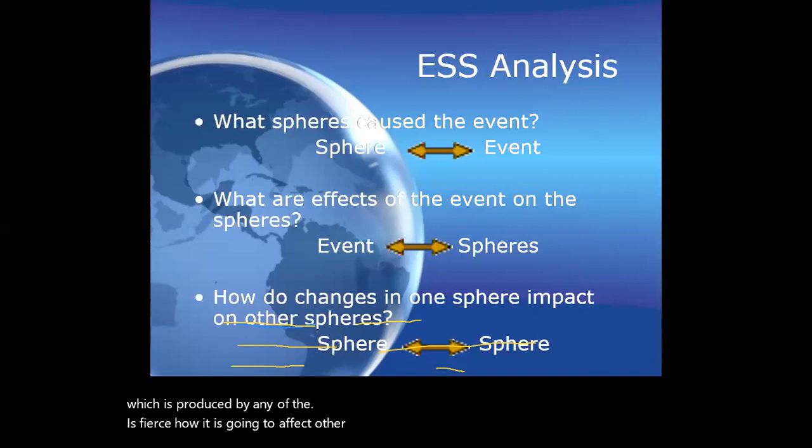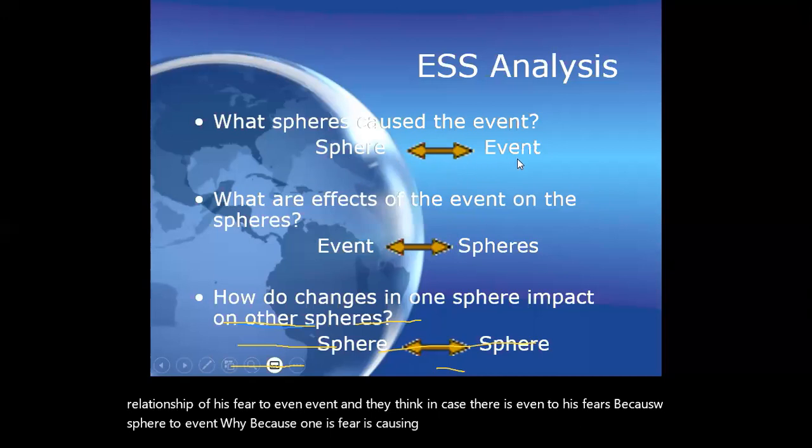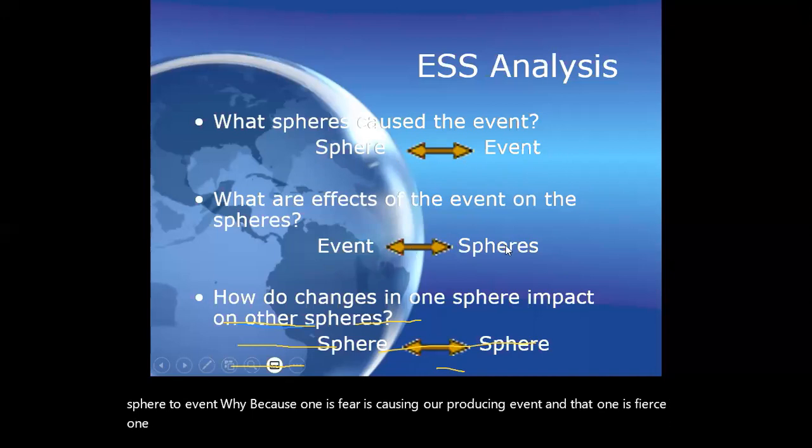So in the first case there is a relationship of sphere to event. In the second case there is an event to spheres, because one sphere is producing an event, and this event is going to affect the different spheres present on the earth.